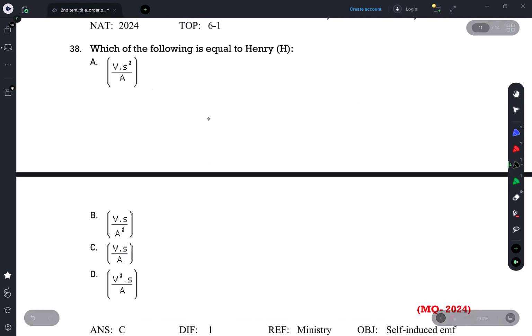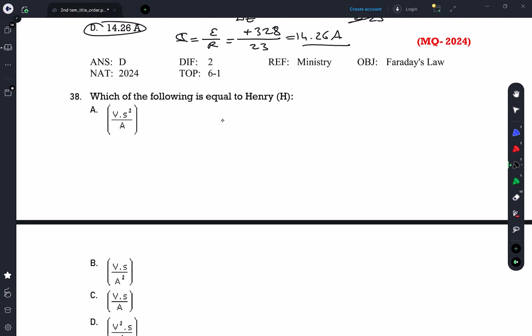And which of the following is equal to Henry? So to get this, we should use the equation which includes L, coefficient of self-induction. So, E is equal to negative L delta I over delta T. So then L is going to be negative E divided by delta I over delta T. And we know L is Henry.